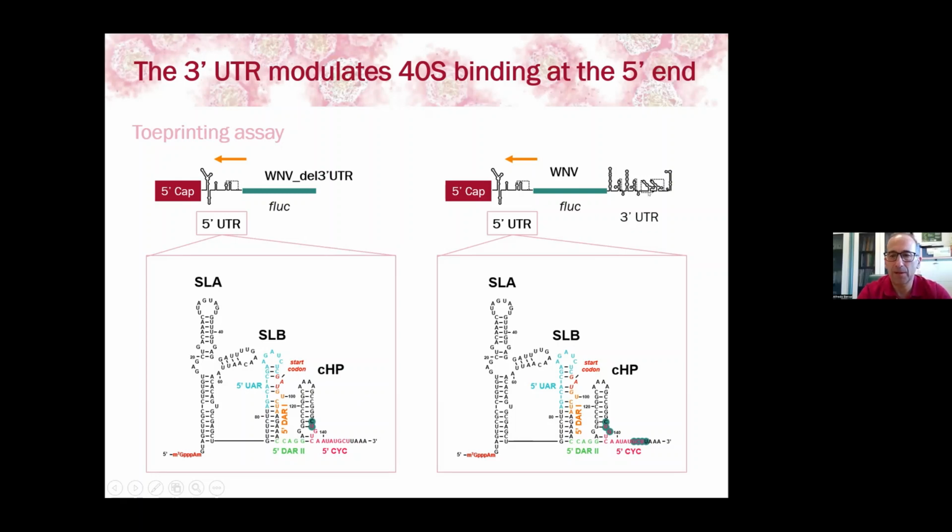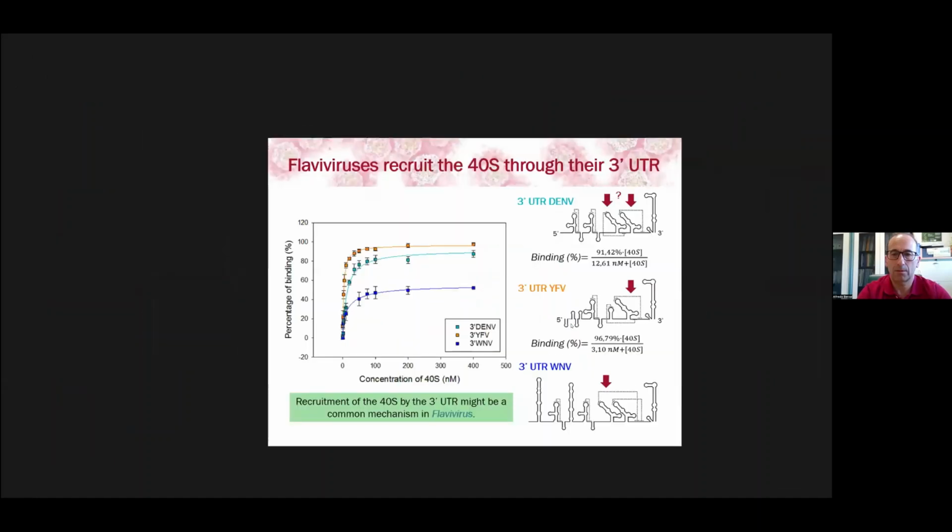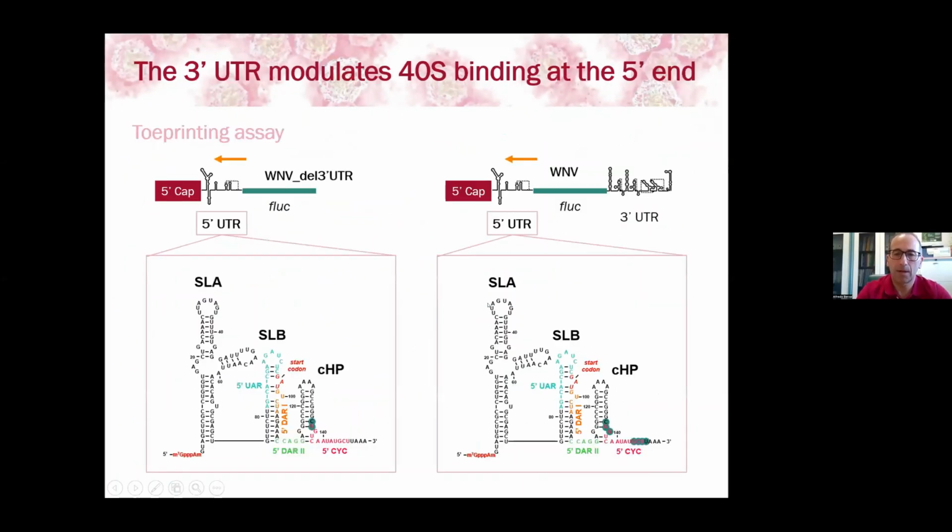But when we add the 3' UTR, we could see that there is a stabilization of this interaction of the ribosome at the 5' UTR, and somehow a repositioning, and we detect the stops at the 3' end of this sequence.